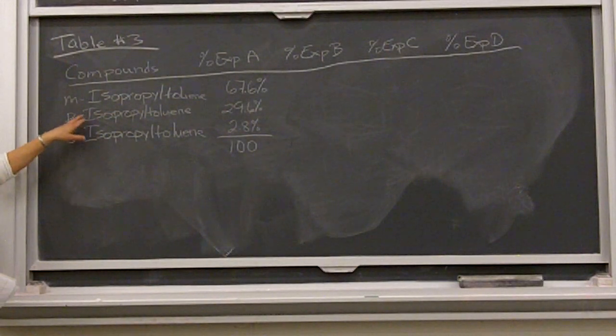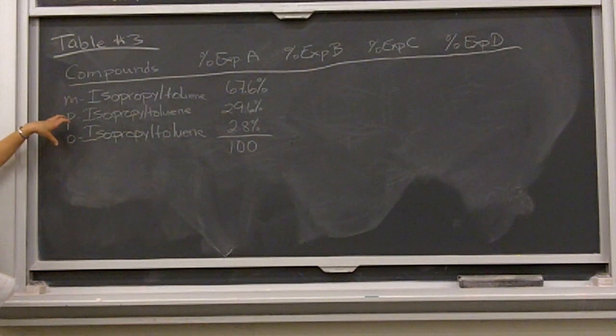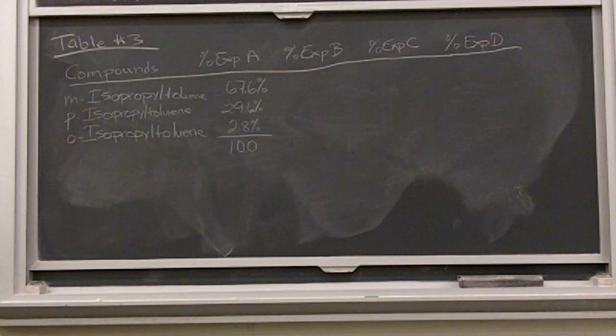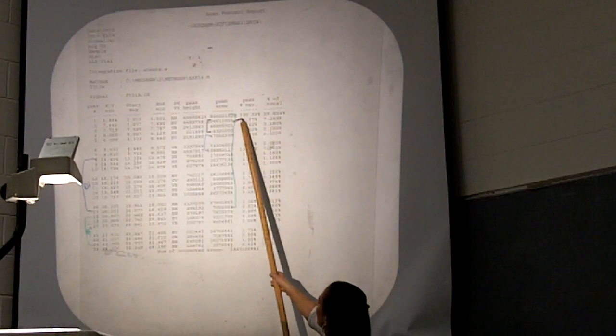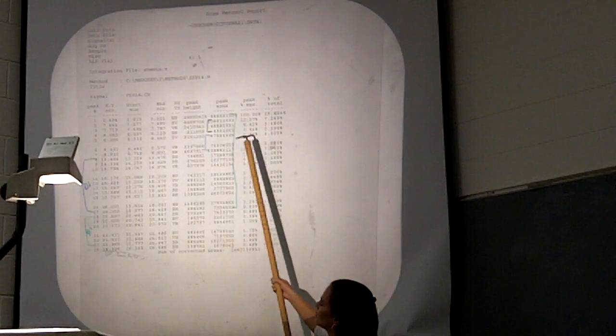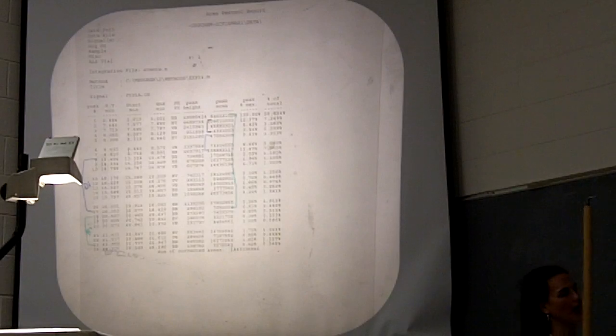And so for just the isopropyl toluenes, we have to look at just the area of the isopropyl toluenes. So those guys are right here. So we're going to add up these 3 areas. That's your total, and then take each one divided by that total and get the percentage. And again, you want it to add up all to 100%.